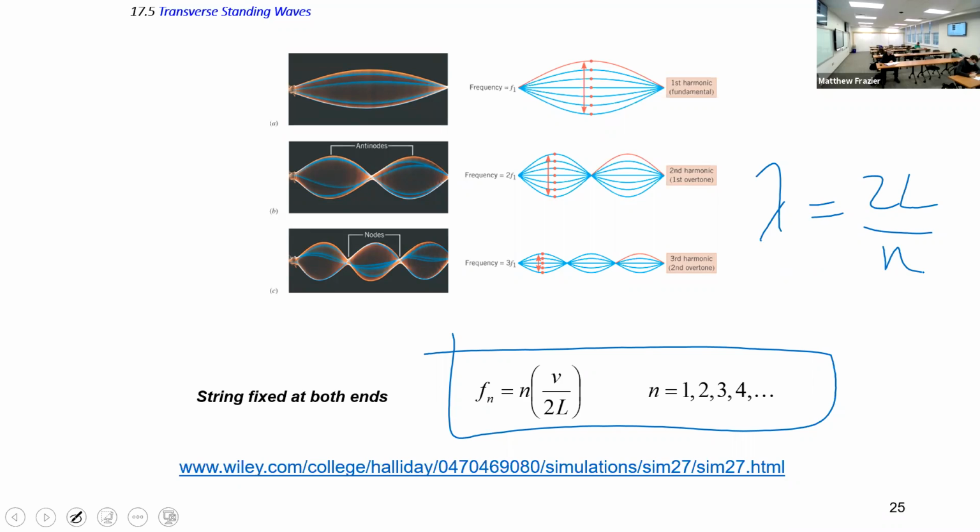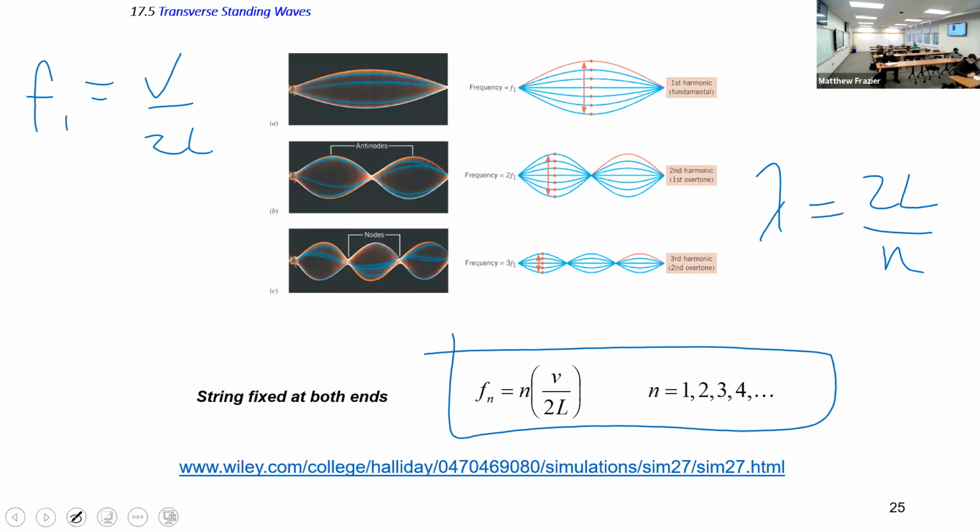So for a string that's fixed at both ends, like a guitar string, a piano string, things like that, anything where the two ends are fixed, let's look at this and just put n equals 1 in. The lowest possible frequency is just V over 2L.